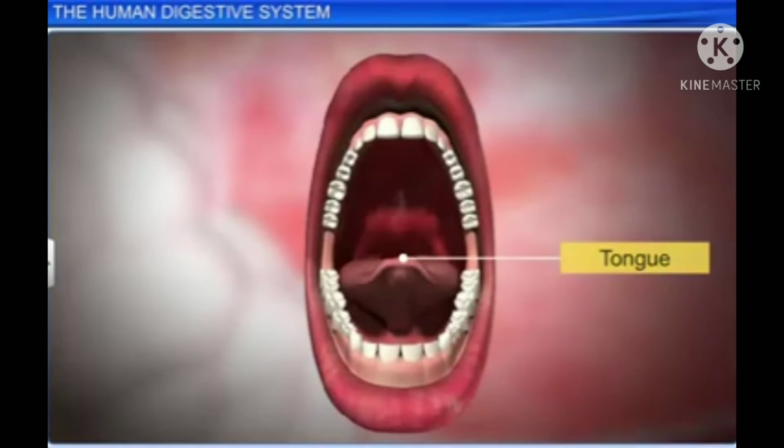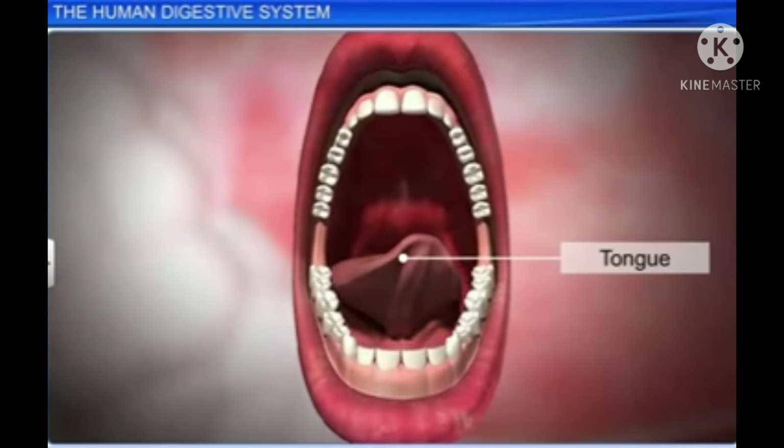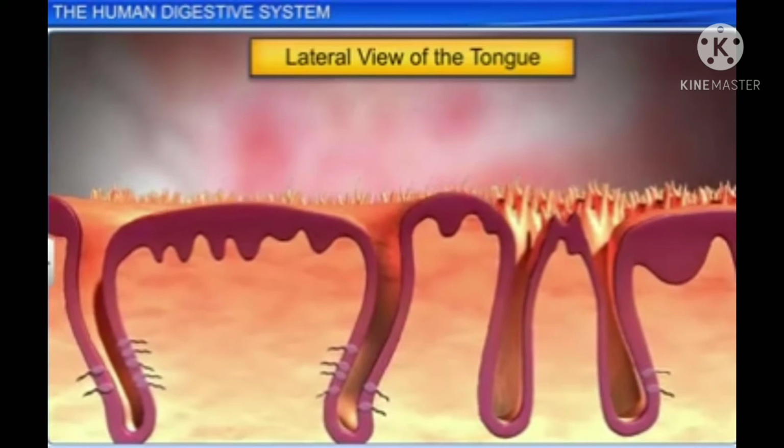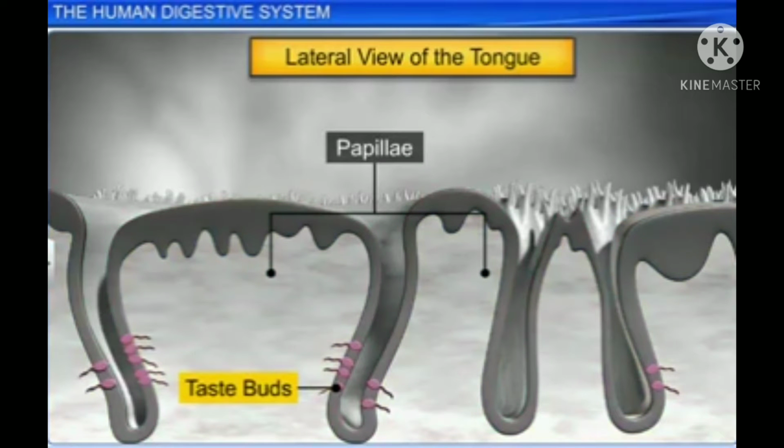The tongue, the second member of the oral cavity, is a freely mobile muscle attached to the floor of the oral cavity by the frenulum. The upper surface of the tongue is covered with papillae, small projections arranged in a row, some of which have taste buds.